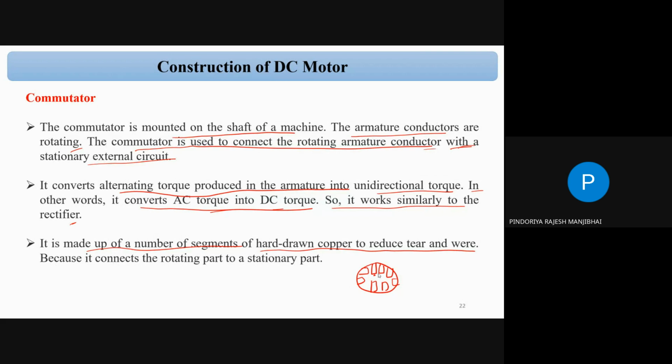The only difference is the commutator. So you have to focus on the commutator. How does the commutator work? What is the role of the commutator? Because we are giving a DC supply to the motor, and again we are saying it is converted into AC, correct? So it converts AC torque into DC torque, correct? So ultimately we are giving a DC supply. So why again do we have to convert it to DC, correct?